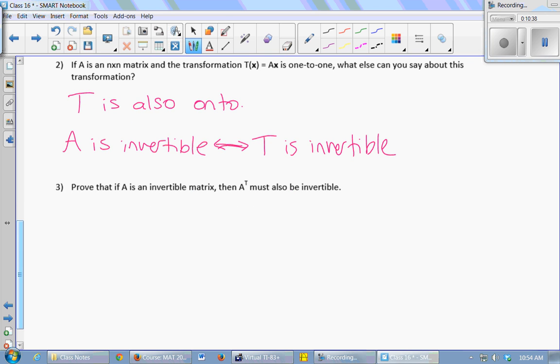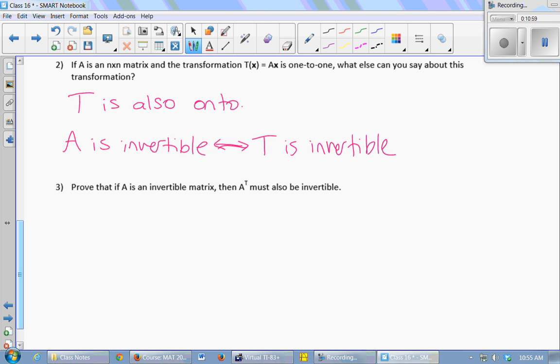All right, so we want to prove that if A is an invertible matrix, then A transpose must also be invertible. So this is part of the theorem. You could just say true by the invertible matrix theorem, but I want to prove it, so that we're all convinced that at least this one small piece of the theorem is true.